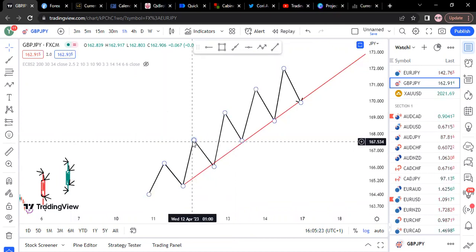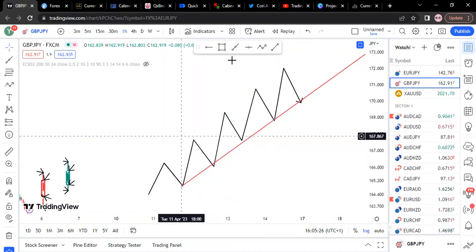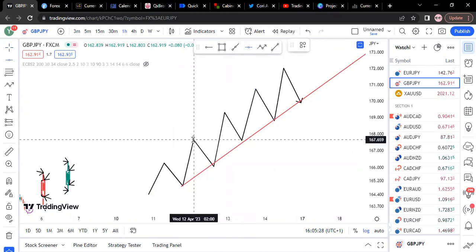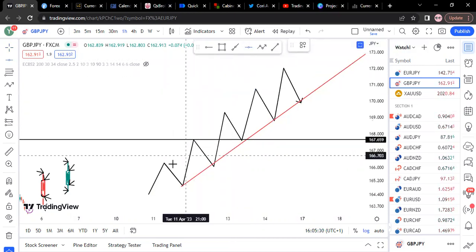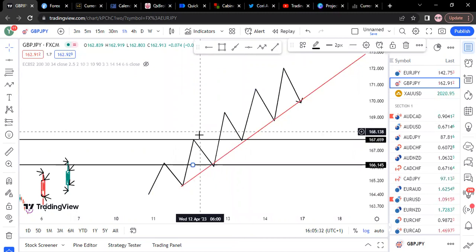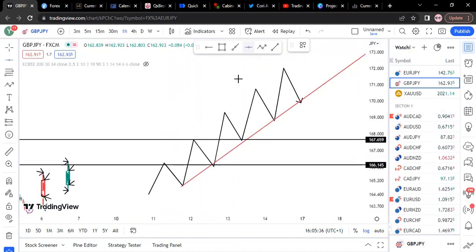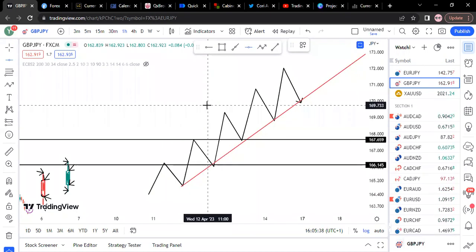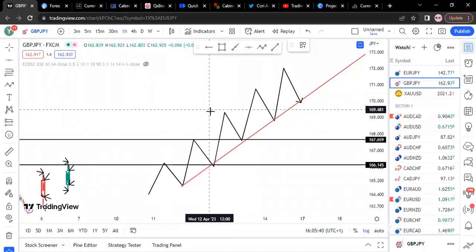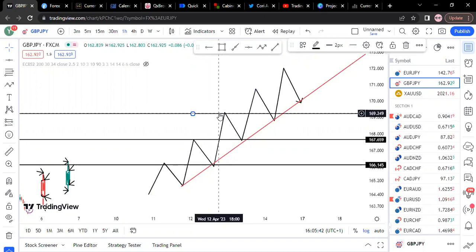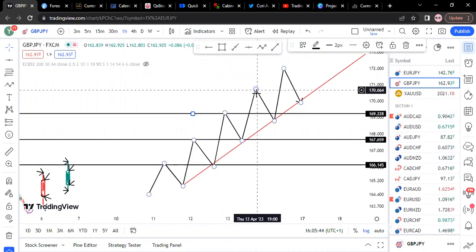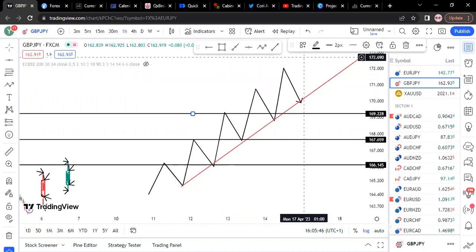So this new high is above. Look at what I mean. If I put this line here, and then I put this one here, you realize that this particular one here is above this. And then this new one that is formed here is also above this. So every new high is always above the previous high.